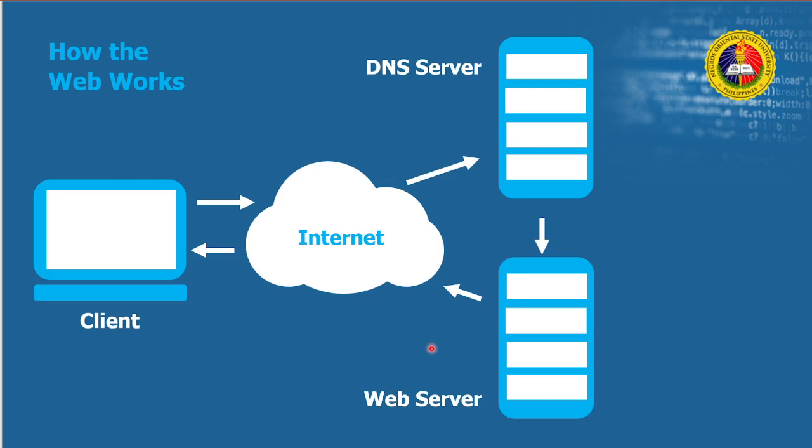So, for example, we're going to visit norsu.edu.ph. First, the client or the browser checks the DNS server to get the IP address. Diba? Once the IP address is acquired, it will be used to locate the web server. And then the web server will translate the web content to HTML form and send it back to the client.